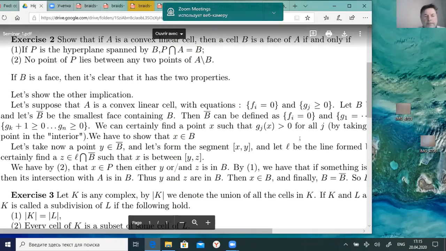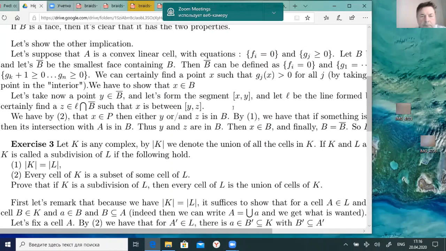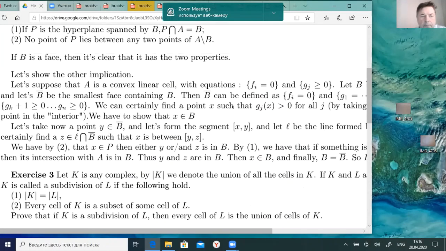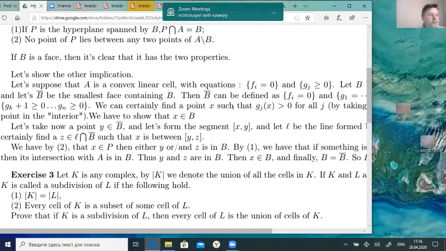So now we just need to use points 1 and 2. By 2, given that X belongs to B, at least one of Y or Z is in B. But because of point 1, with the hyperplane situation and the intersection, we have that both points belong.